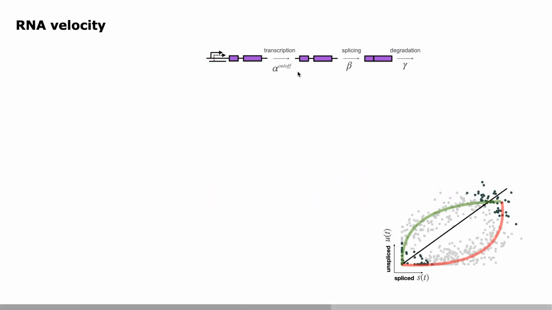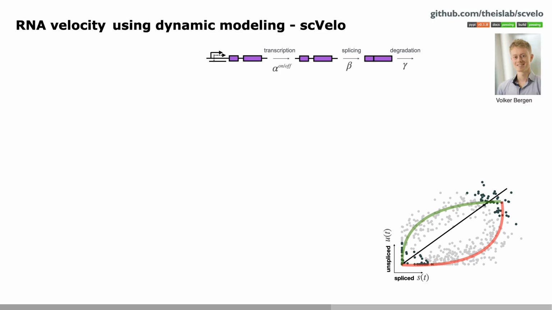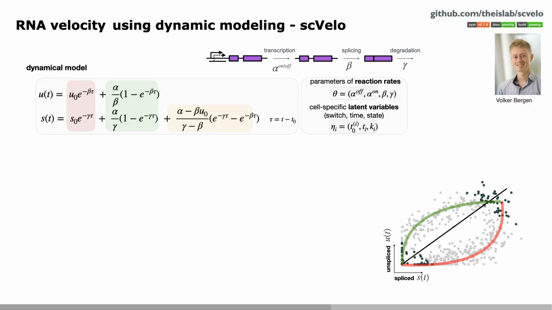So again, we have this model of transcription. Transcription is either on or off with rate alpha. We have the splicing, we have the degradation. Using a dynamic model means that we use, first of all, the rates. So we have parameters for the reaction rates, which we summarize in this parameter theta. Furthermore, we introduce latent variables, which are not present in the ODE system.